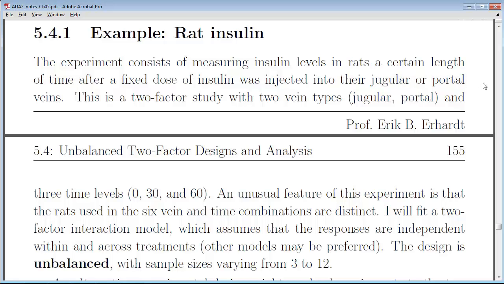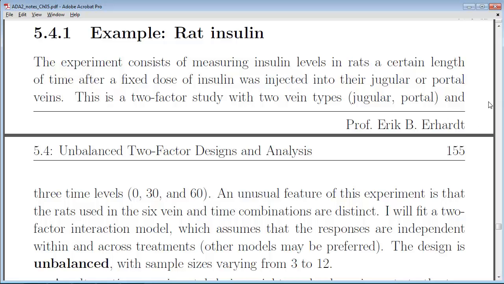After looking for a long time, I couldn't find an image that had both the jugular and the portal veins labeled, but they are two different veins inside of rats. If you want to look at a bunch of gross pictures of rats with their chests peeled open, you can look for images yourself. But it's enough to know that those are two veins returning blood back to the heart, and they're relatively easy to get to for this type of injection.